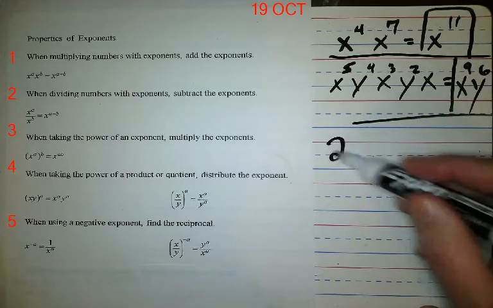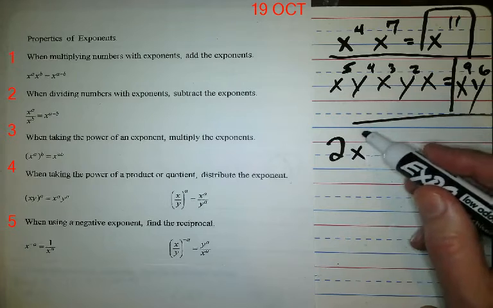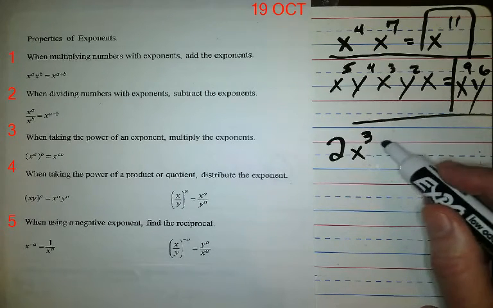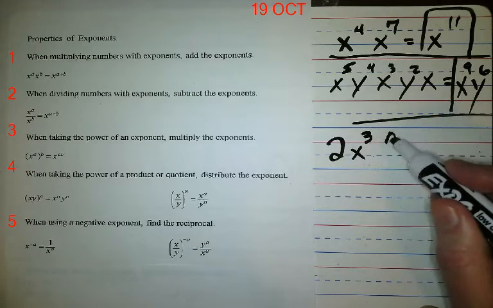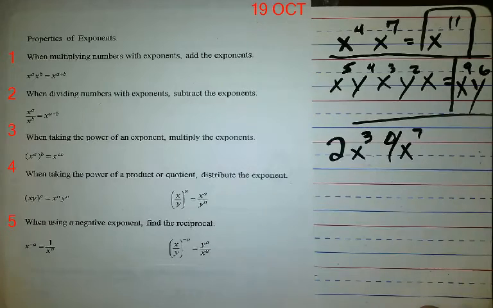What if there was numbers involved? Let's say 2x3 and 4x7. Okay.